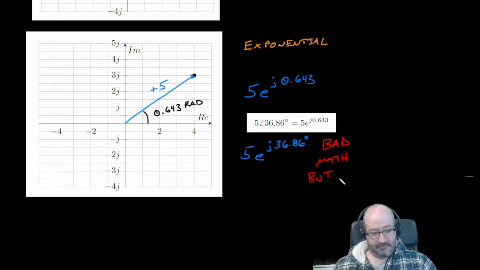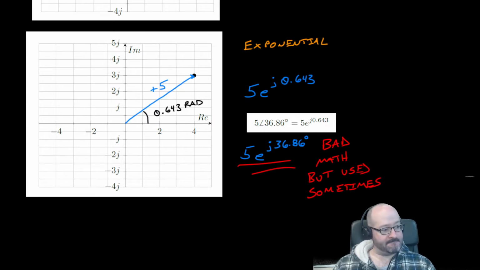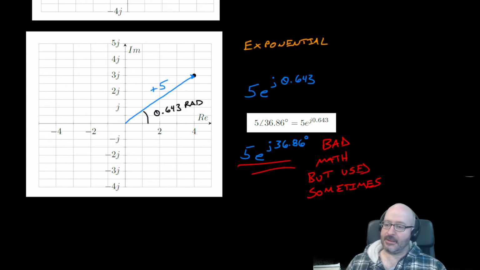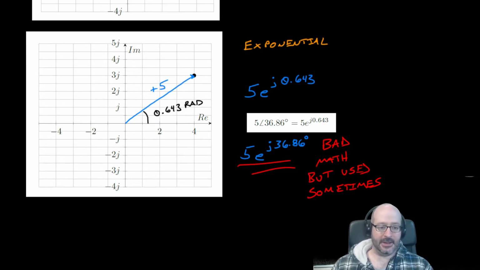But used sometimes. Okay. Those are 3 ways we can represent those numbers. Okay, as long as we get to the same point on the complex plane, they're all equivalent to each other.